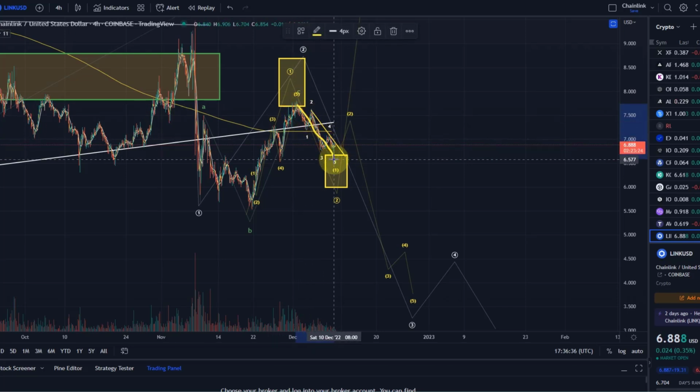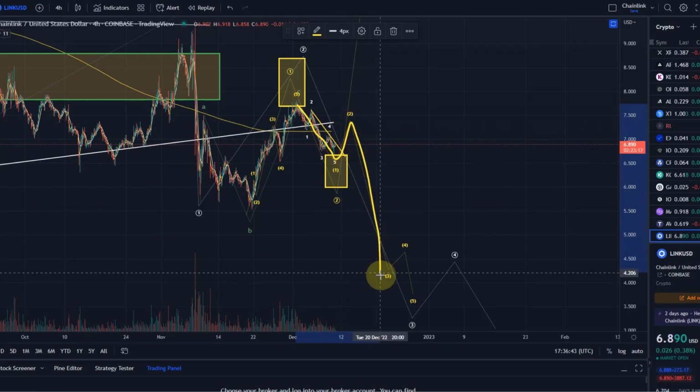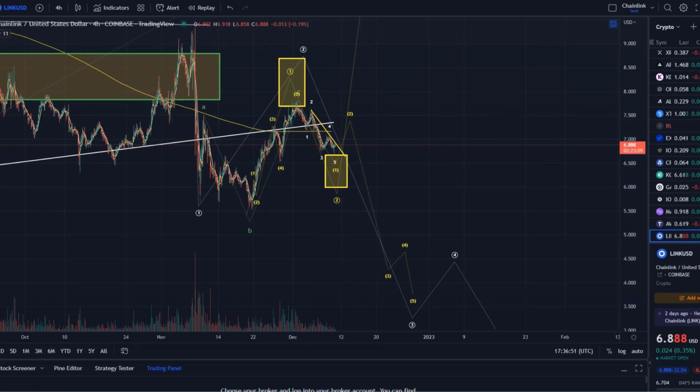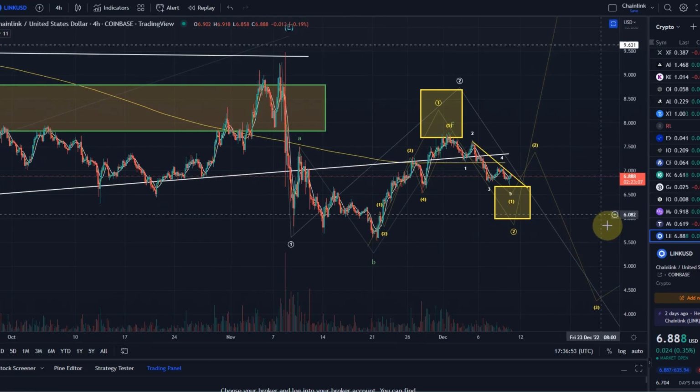So we've got 5 waves down. We could have wave 1 in yellow complete. I would expect then a wave 2 retracement to the upside, and a wave 3 down, a wave 4 up, and a wave 5 down. This is the bearish count, and very clearly I can tell you what I expect.